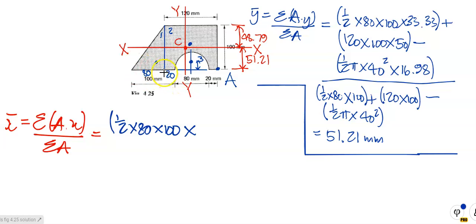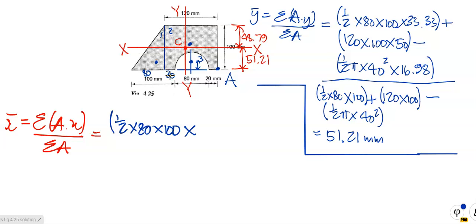But it's plus the distance from there to there. Remember, x is the distance from the centroid to the line we take moments of areas about. So from there to there it's 80 over 3 plus 120.